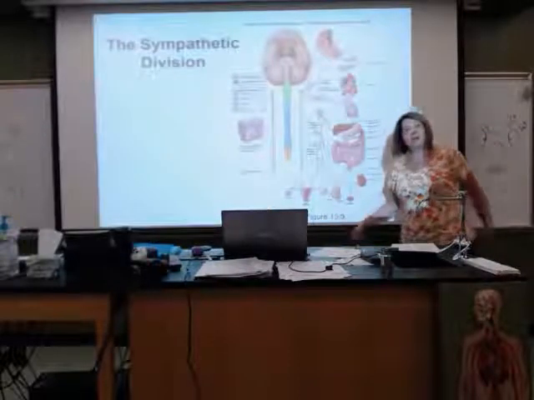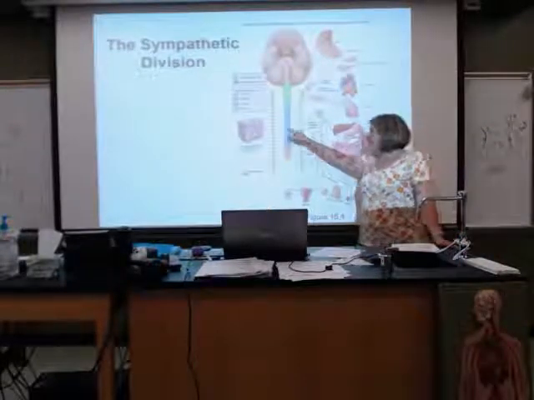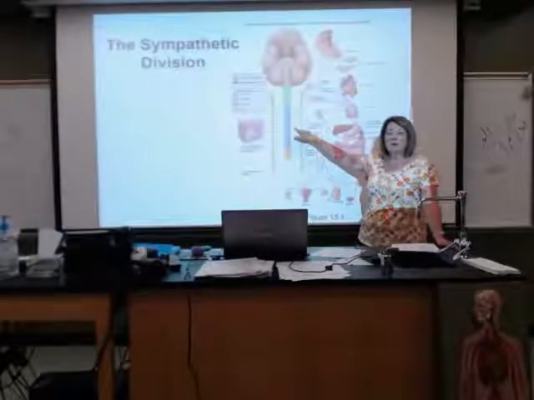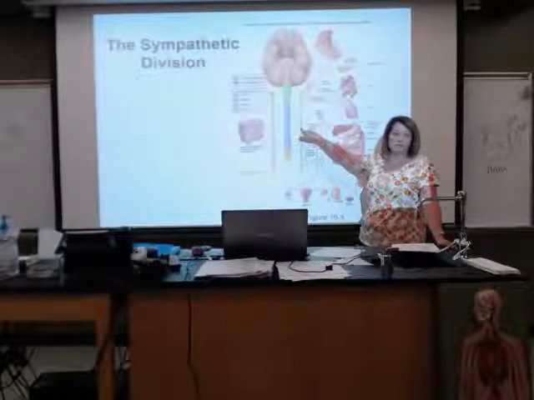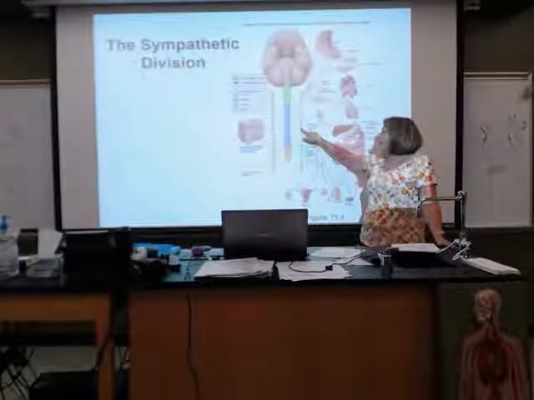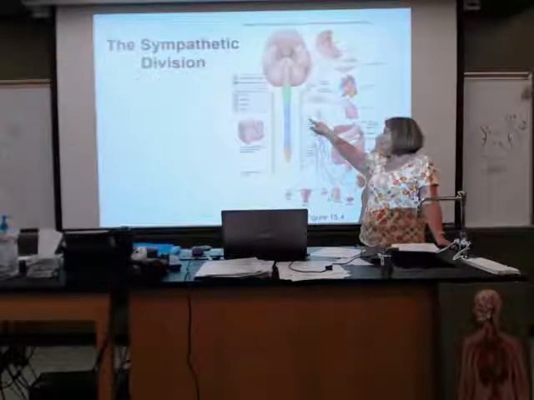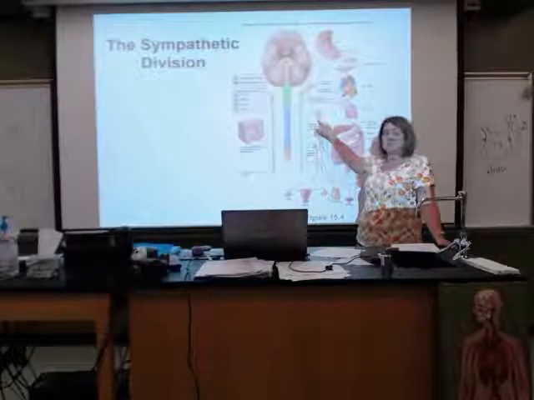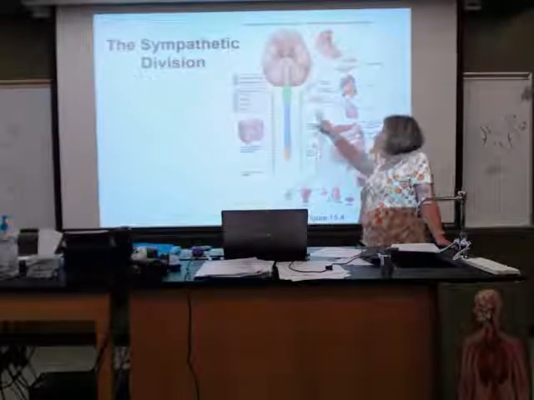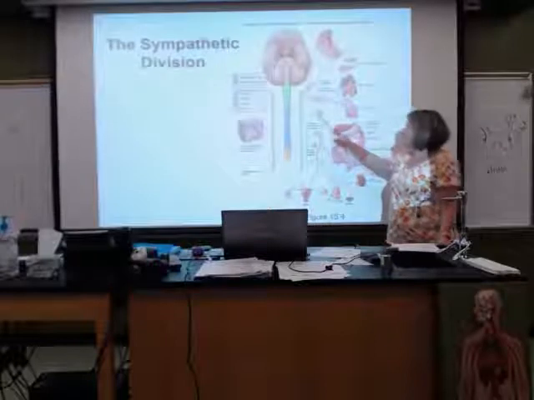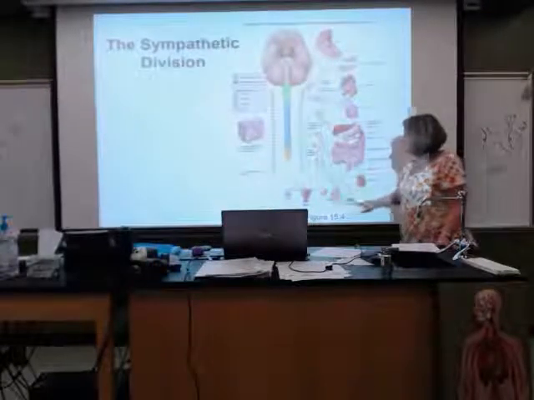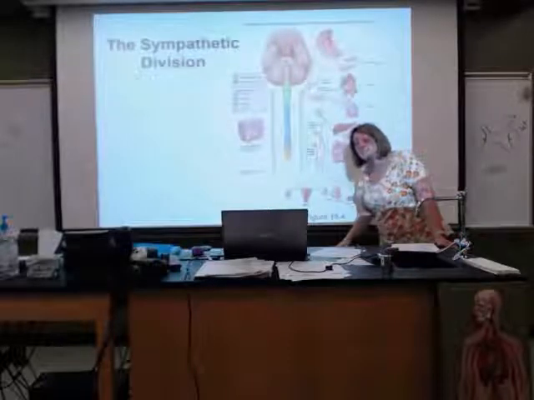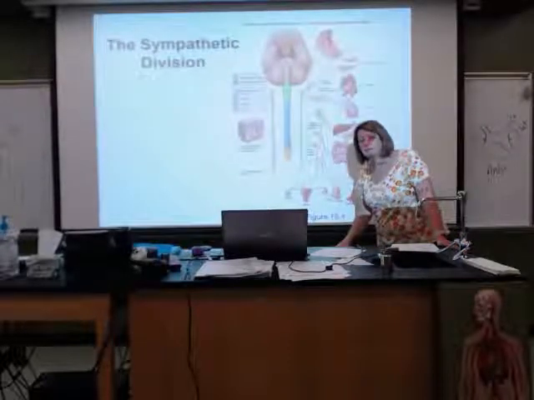Now watch what happens. I had to leave by way of a spinal nerve, make my way to the chain ganglia. I didn't synapse. I continued to one of these 3, and from these 3, I now have my post ganglionic fibers leading to organs in my abdominal cavity.